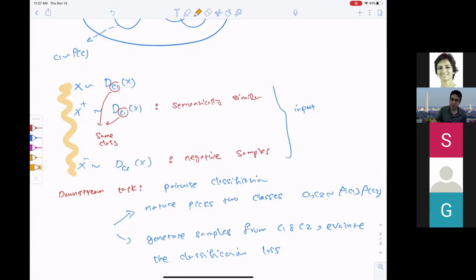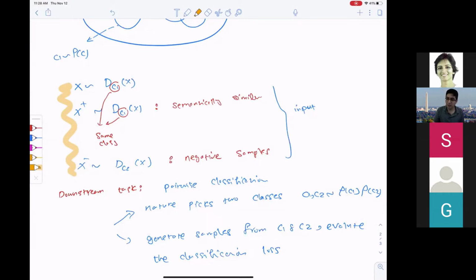So I think that's one limitation of this framework, because if we did have the class information, if I could draw samples from a particular class, then I could just use those labels in a supervised learning method, right? So this assumption that you're drawing samples from the same class is, in my opinion, a bit strong for the practical implementations of self-supervised learning.